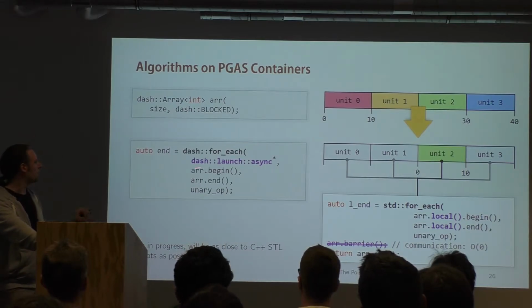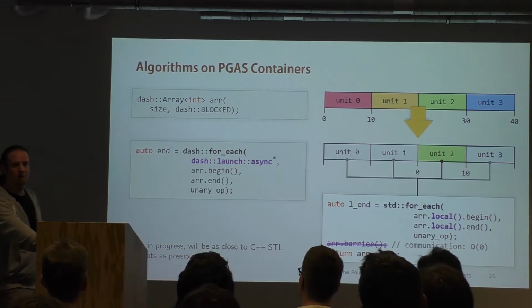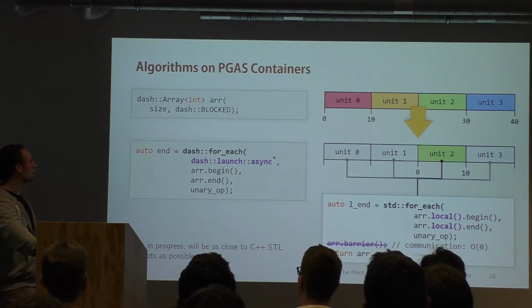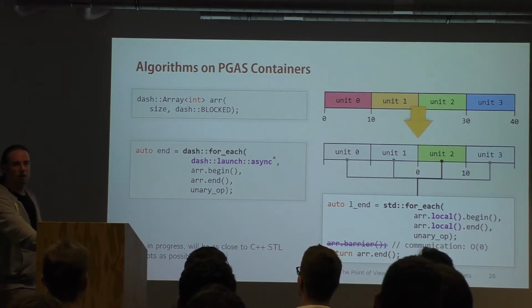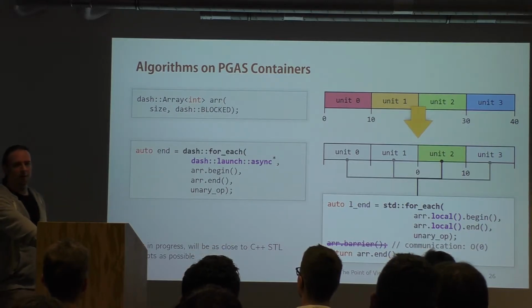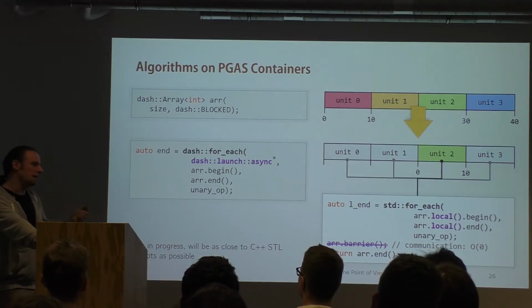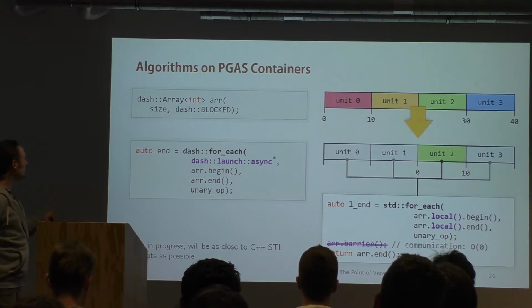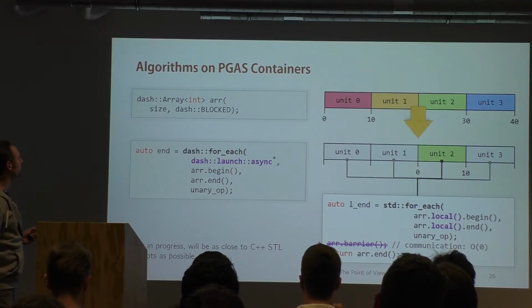But this is just a caveat emptor, just to blame ourselves that we cannot do a dash::launch async, because the local implementation of dash::for_each or any dash algorithm would have to know that it has been called asynchronously, because it has to use different communication substrates then. But this is just a disclaimer.